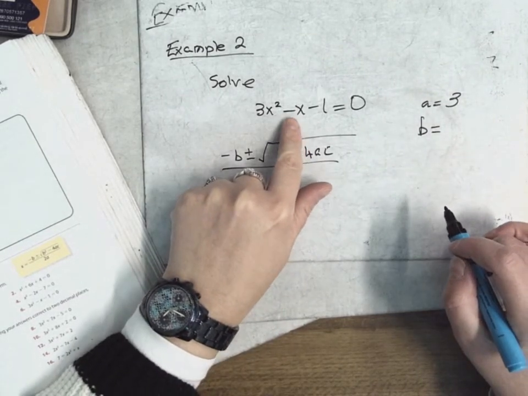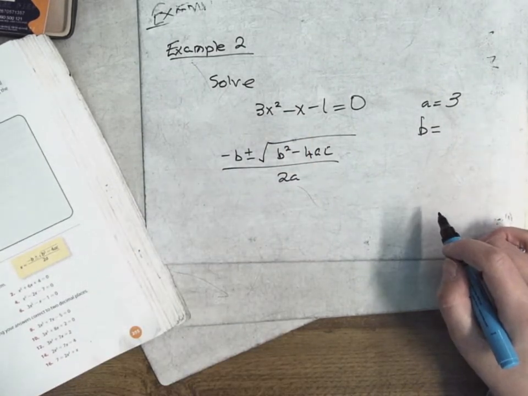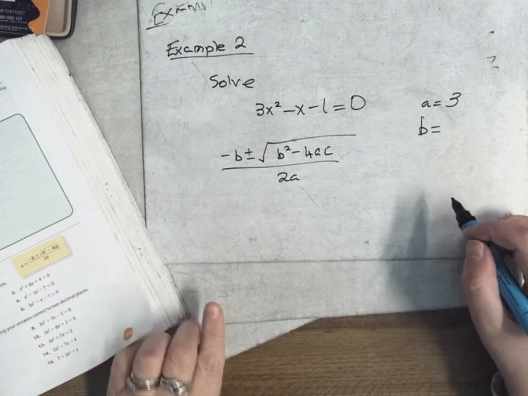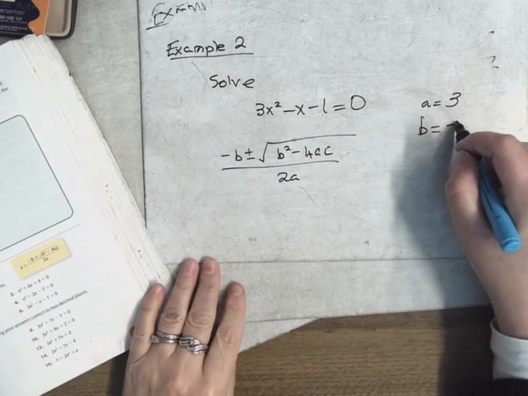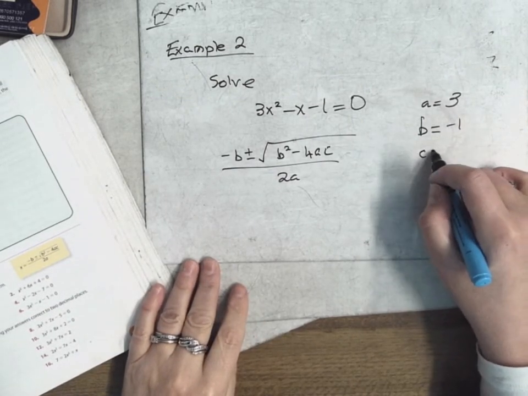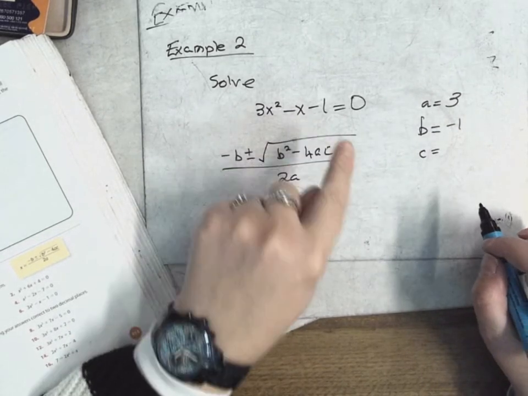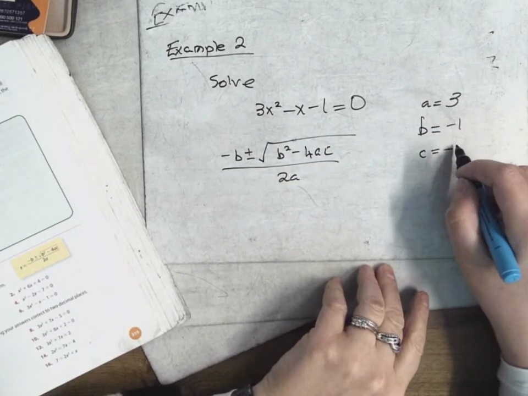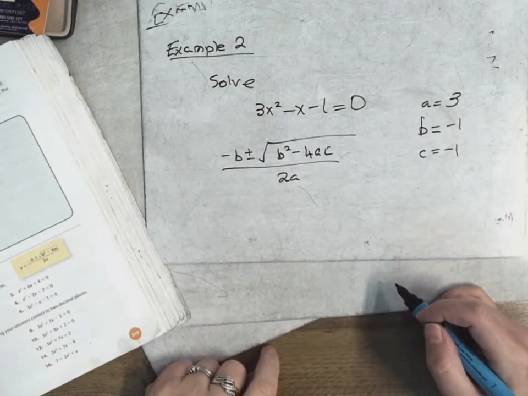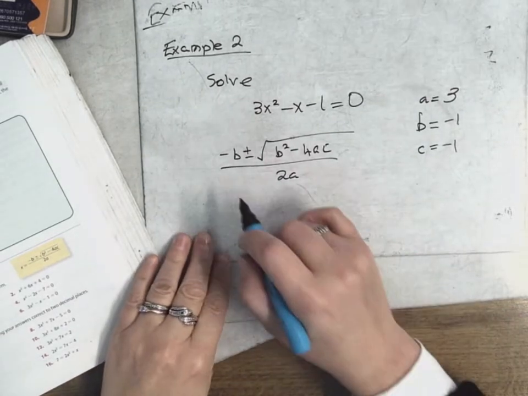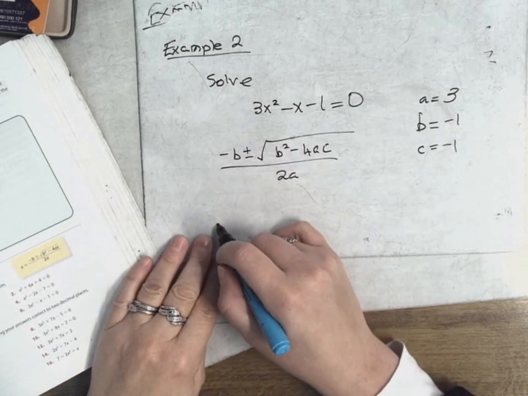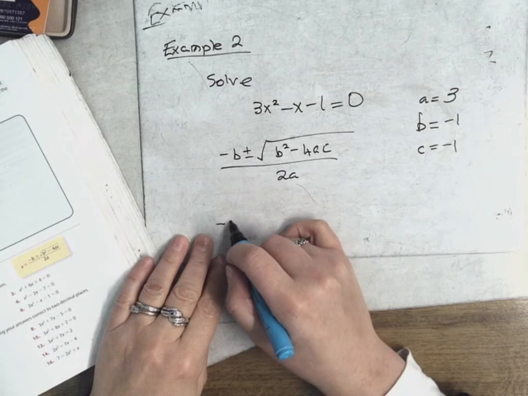What number, I hear you say? When there's no number, what's understood to be there? 1. So it's minus 1, isn't it? Right, and c is the number on its own. No, minus 1. Minus 1 again. Then you fill in. First thing you write down is a minus sign. Then you write b, which is minus 1.